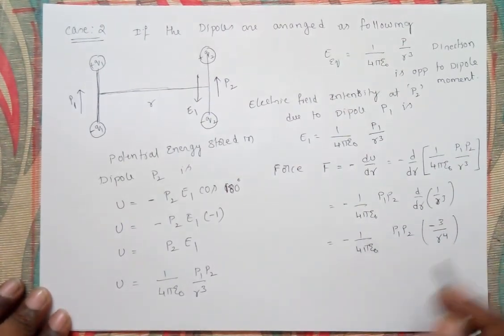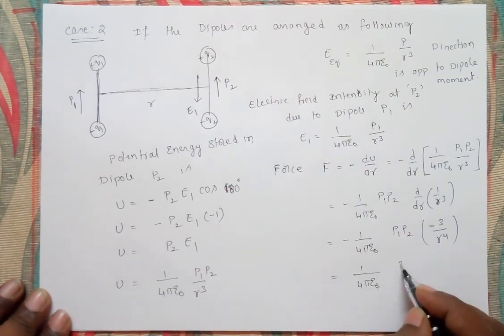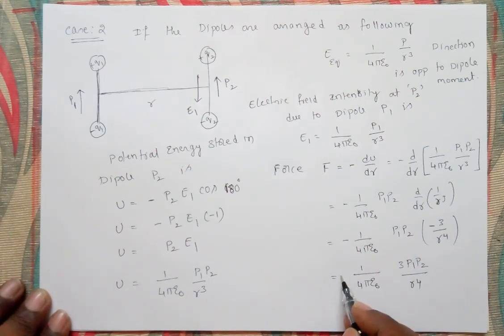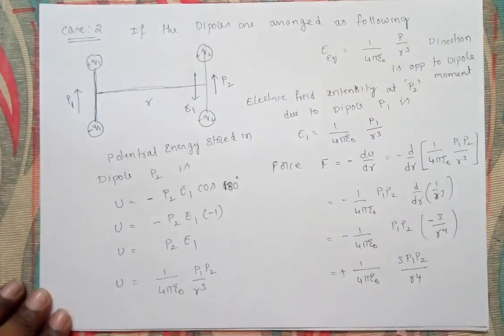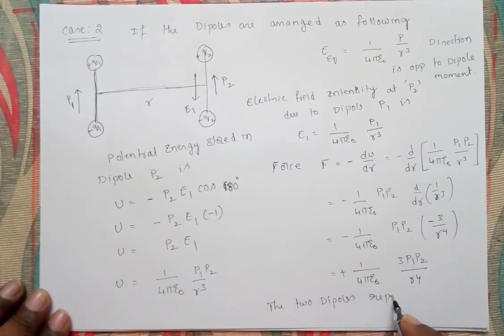Minus of minus gives plus, so 1 upon 4 pi epsilon naught, 3 p1 p2 by r power 4. The plus sign came in the sense that these two dipoles repel each other.